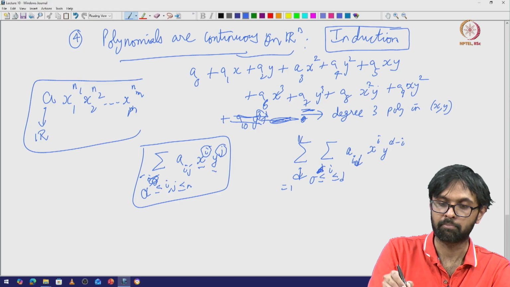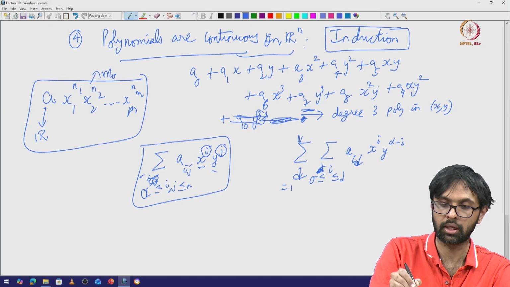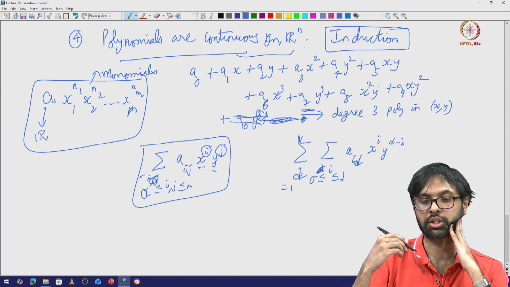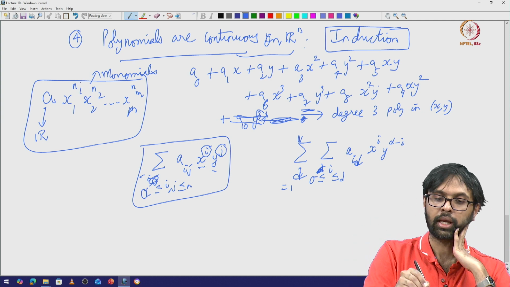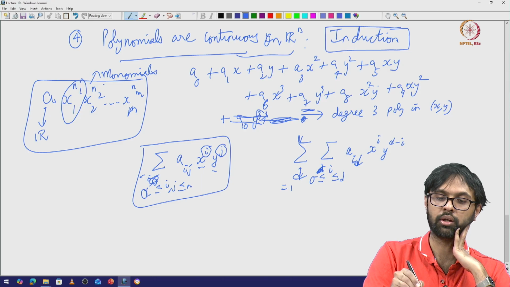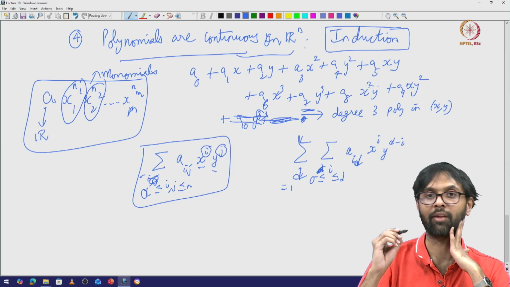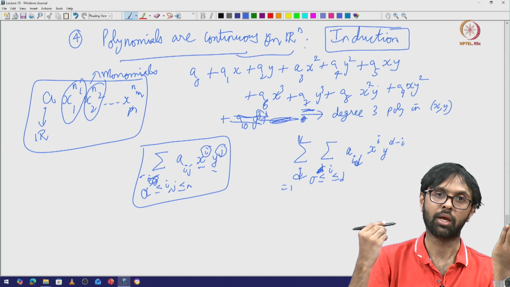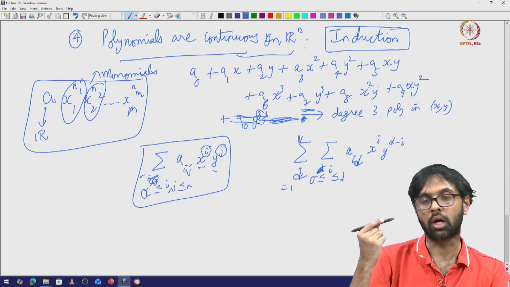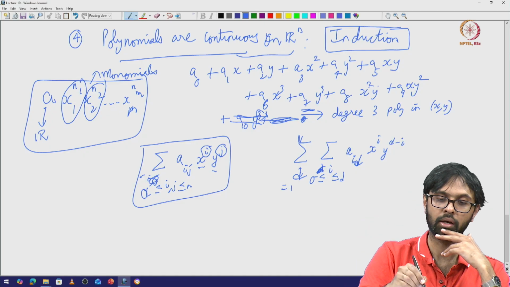These are called monomials, and these are continuous. This fact itself requires induction. Individually, these are continuous functions because they are one variable continuous functions, and we know polynomials in one variable are continuous. This is a well-known fact.